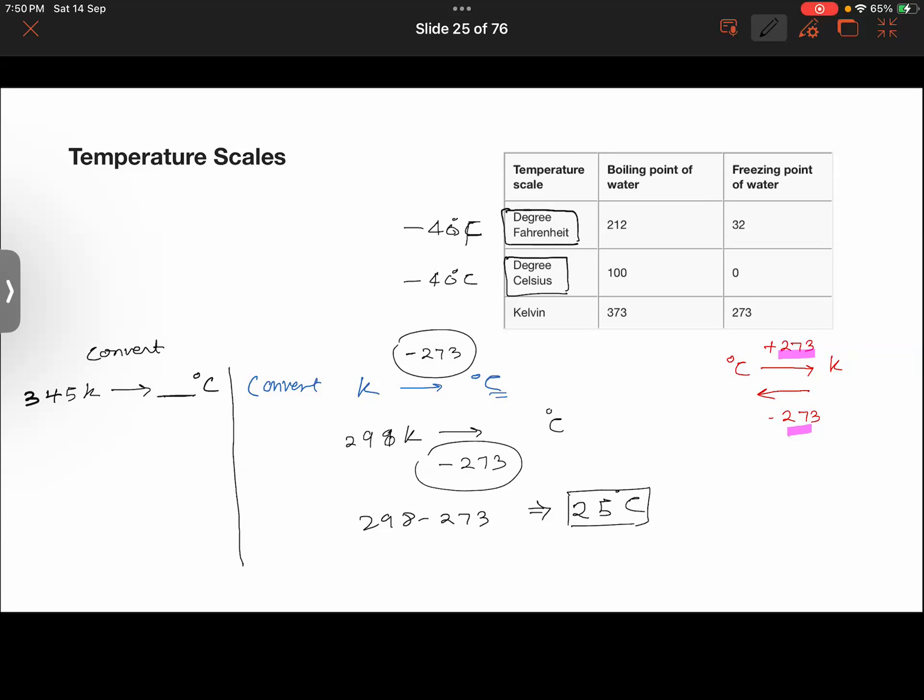No, Razan, it will not be that big. What you have to do is 345 minus 273. From the given number, you have to subtract 273. The temperature here is in Kelvin, and you have to convert this into degrees Celsius, so you have to subtract 273. Do it once again.